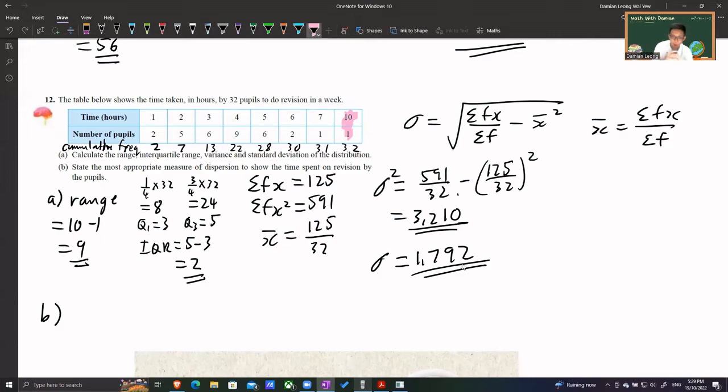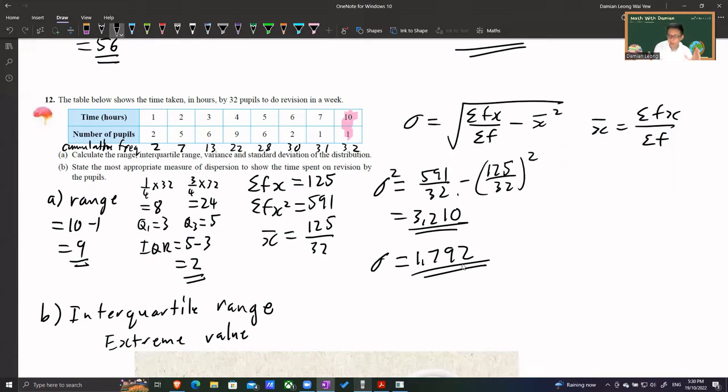Whenever there's an extreme value, we always use interquartile range, because interquartile range will not be affected by the outlier, the extreme value. So in this case, we will use interquartile range, because of the extreme value. We don't have to say the reason here, but I'm just showing it to you.